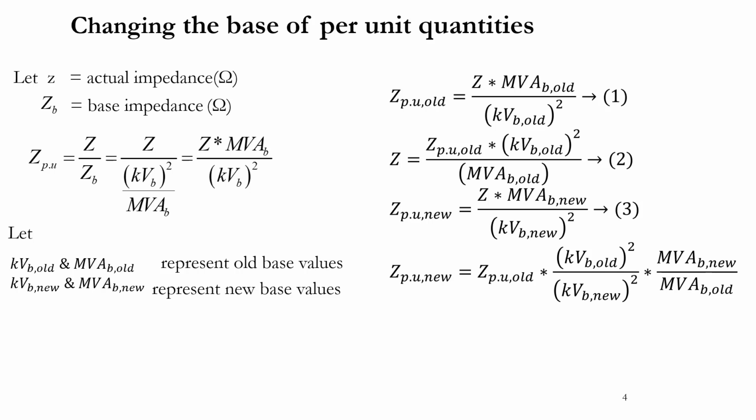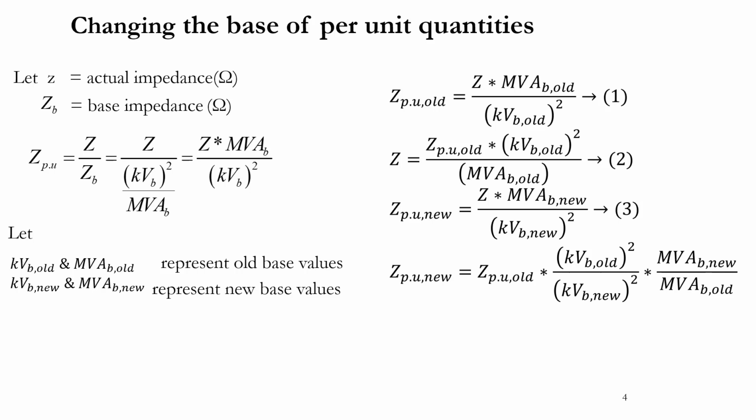From equation 1, what is Z? Z is Z per unit old into kVB old the whole square divided by MVAB old. Let that be equation 2. Z per unit new is Z into the new power base divided by the new voltage base the whole square.